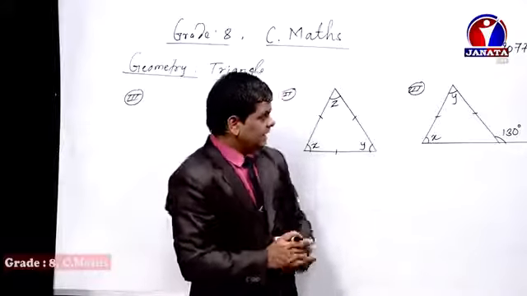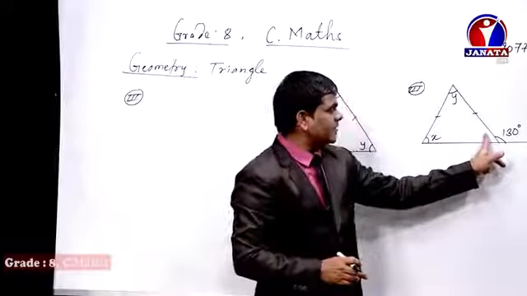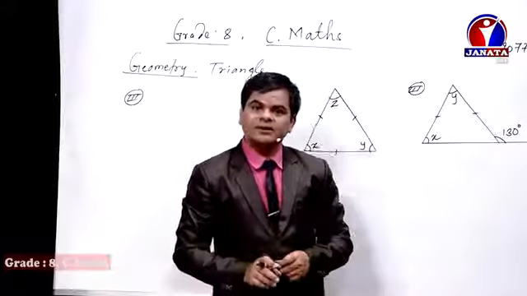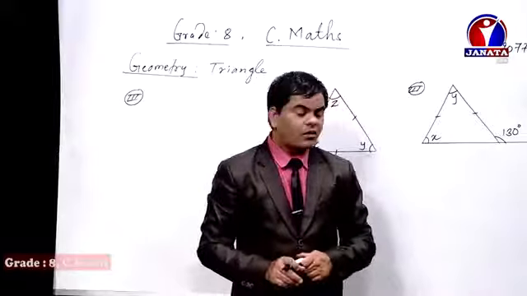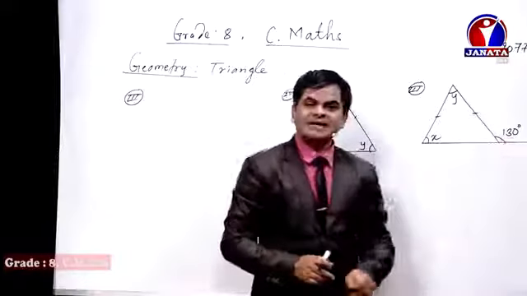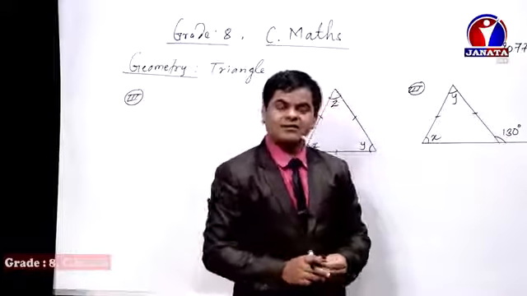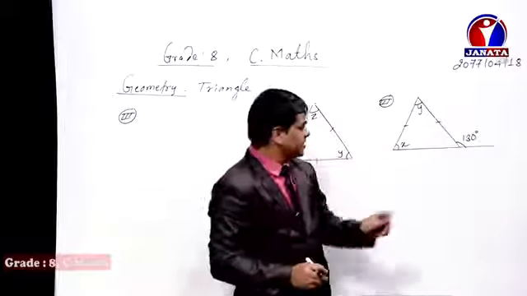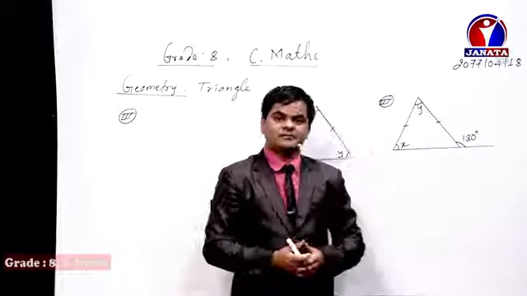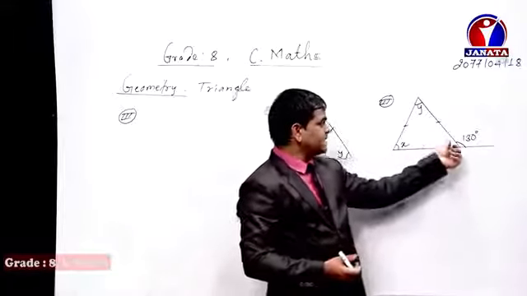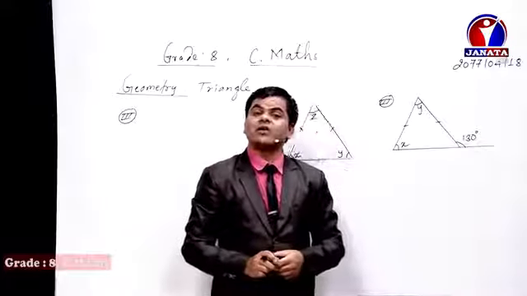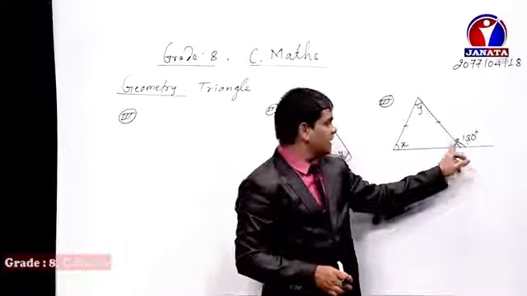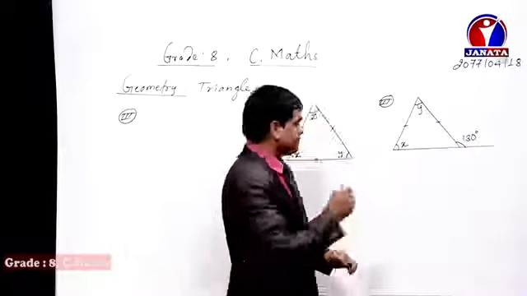Here, in order to find this angle, we need to use the concept of linear pair or supplementary angles. The sum of supplementary angles, or a linear pair, or straight angles, what had we learned in the past? We had learned that the sum of a straight angle is 180 degrees. So when we combine these two angles together, their value becomes 180 degrees.